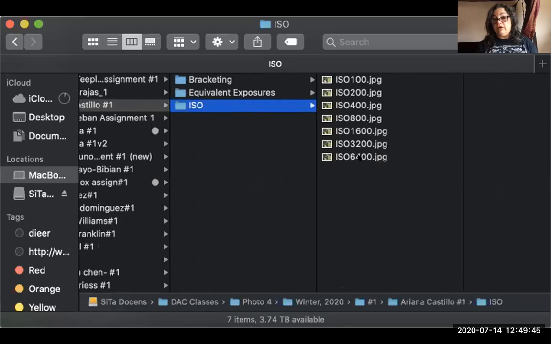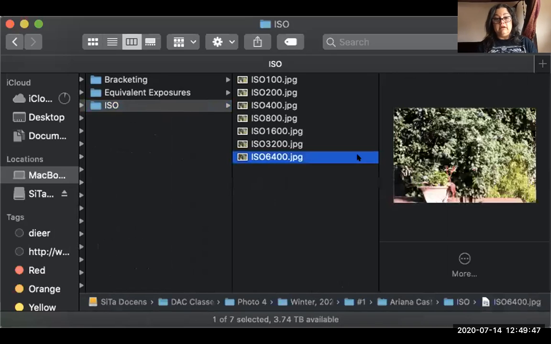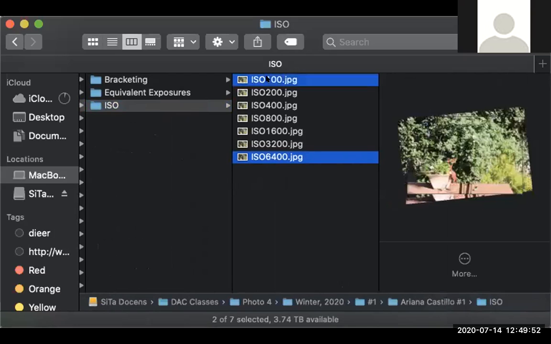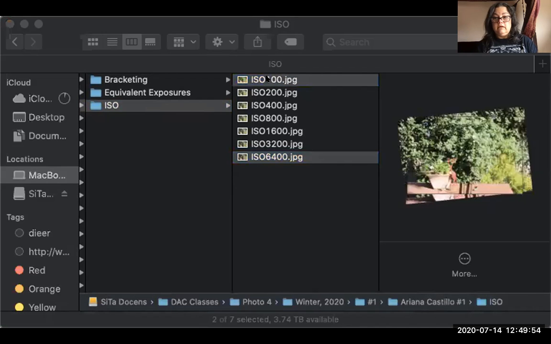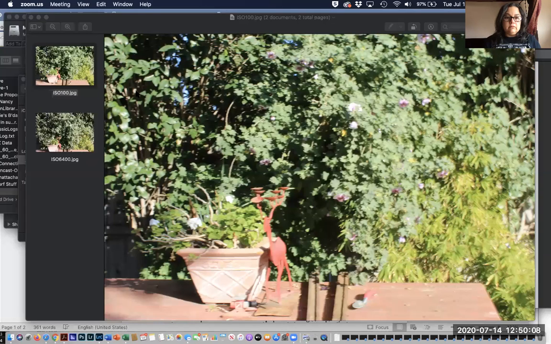Presumably 6400 was the highest ISO rating that this student's camera had. And so I will open those up and share these.